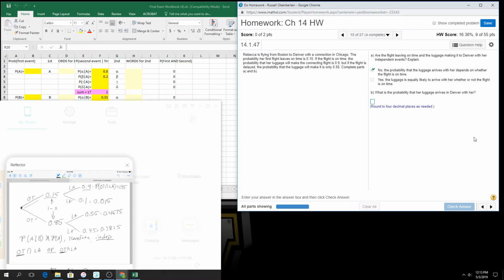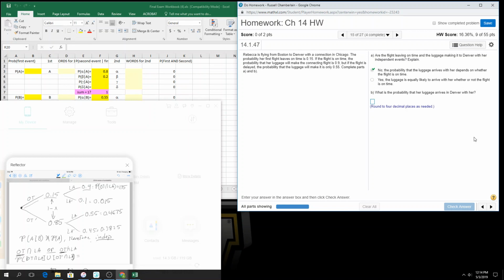So when I write this, probability on time and luggage arrives, or not on time and luggage arrives, the other side of this formula is just going to be these 2 probabilities added up together.